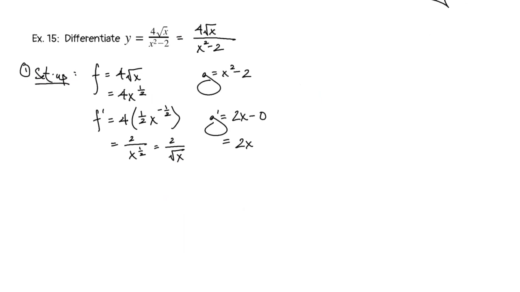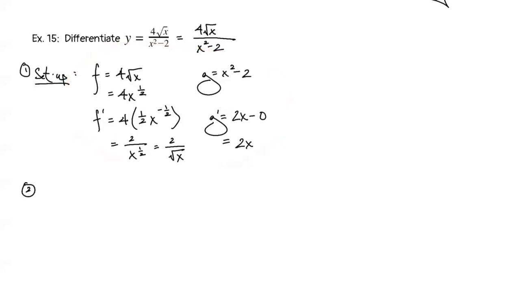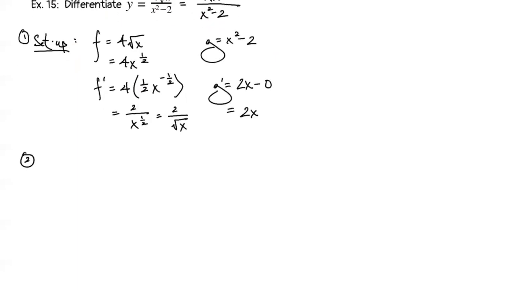Now, I will say that especially this week and next week, when we learn a lot of other rules, this setup step is going to be so important. Please double check your setup step, because if things are wrong here, it trickles through the entire problem and then you're kind of out of luck, okay? It's really hard to come back from making a bunch of mistakes in the setup piece. So we want to make sure that that is accurate.